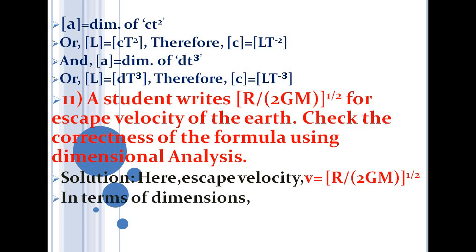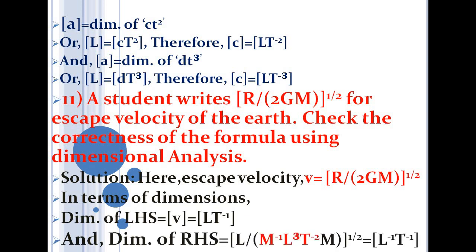In terms of dimensions of LHS, v is velocity, LT minus 1. Similarly, the dimension of the right side: R is the radius, length, it has the dimension L. 2 is a numerical value, simply a number, it has no dimension.